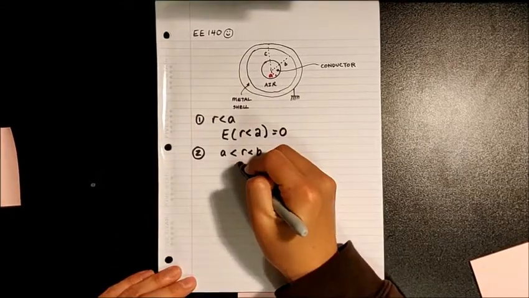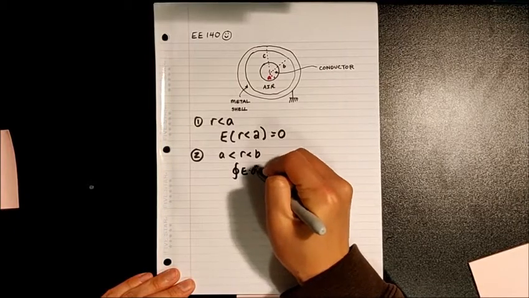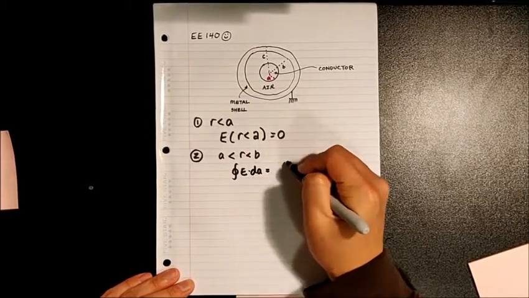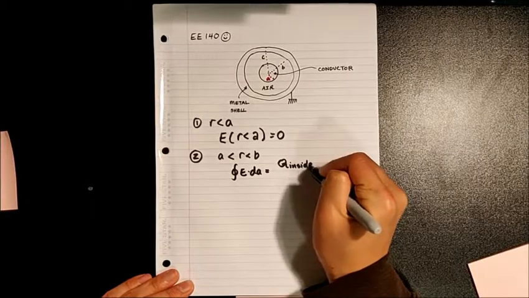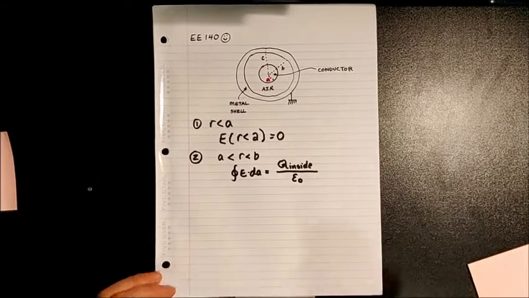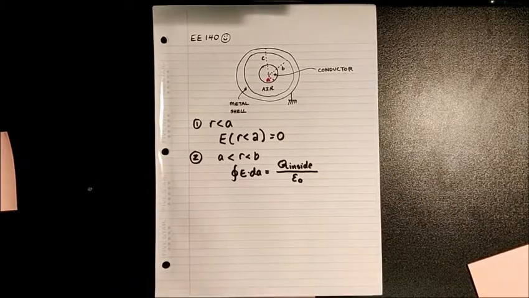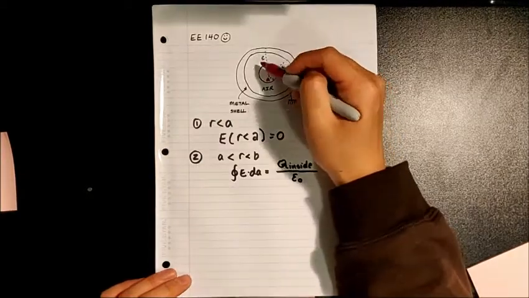So, using Gauss's Law, which is the closed integral of E dot dA, which is simply just flux, equal to Q inside divided by epsilon naught. To make this easier for ourselves, let's choose a Gaussian surface, and the most obvious one will just be a sphere.